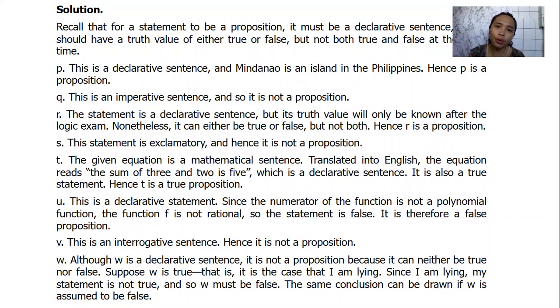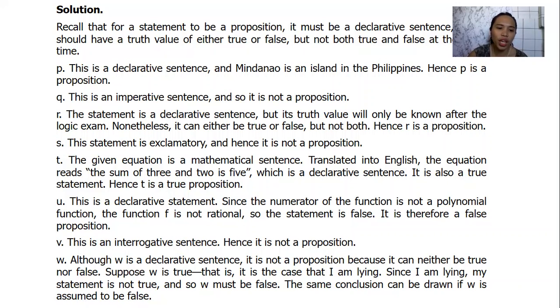I already told you that a proposition is a declarative sentence and it can only be either true or false. But for the statement "I am lying," we cannot identify if it is really true or false. It's a statement that makes you doubt whether it is true or not, because it's actually not factual.